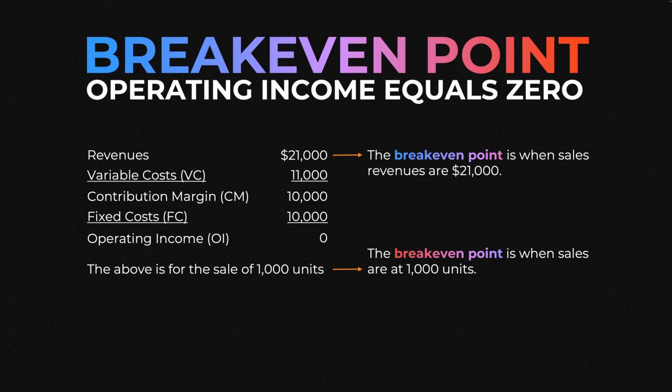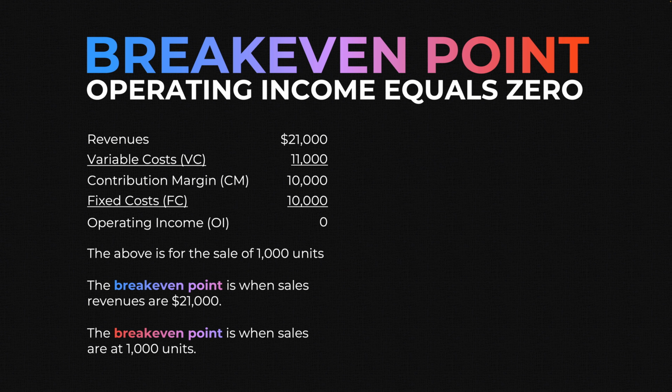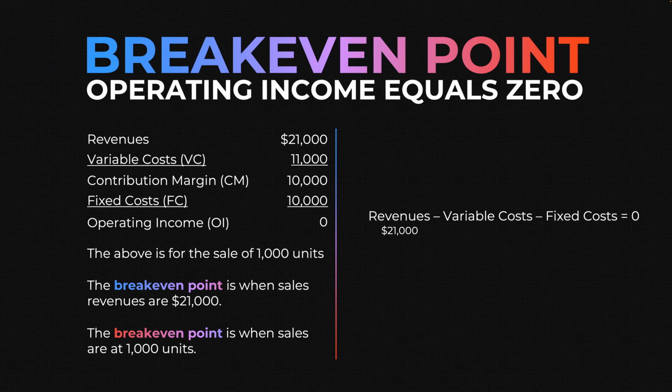Now let's talk about something interesting with respect to the math. Once again, as a reminder, we are taking our revenues, subtracting our variable costs and our fixed costs, and that has to equal zero. In this example, it's 21,000, subtract 11,000, subtract 10,000.